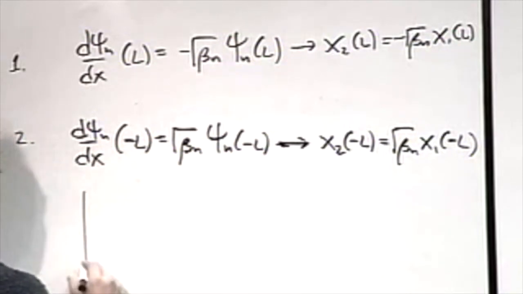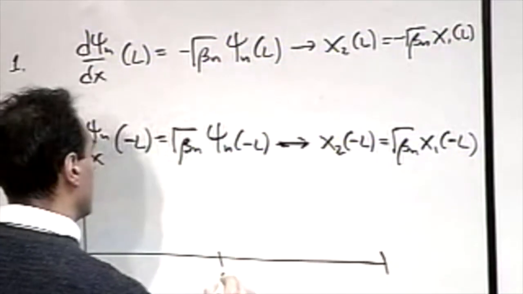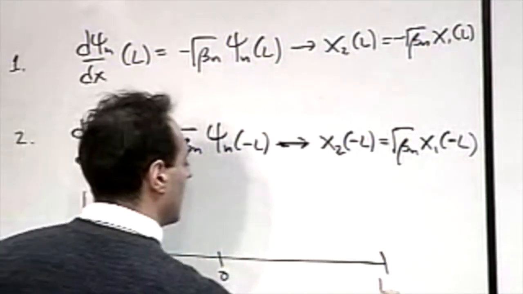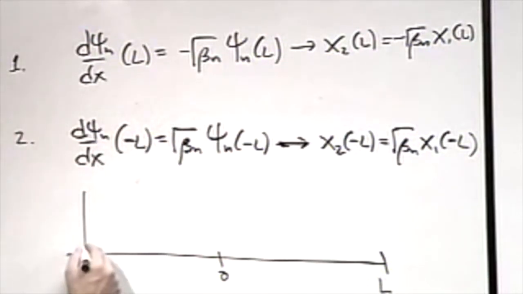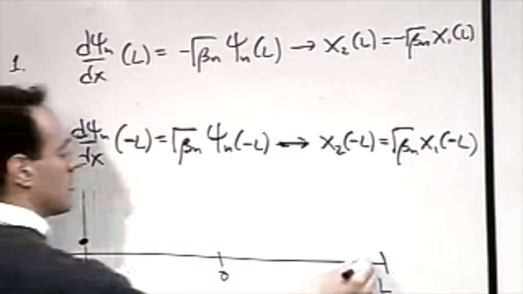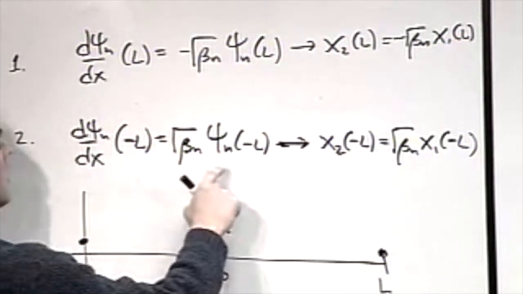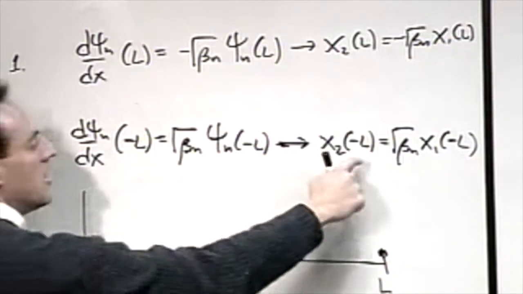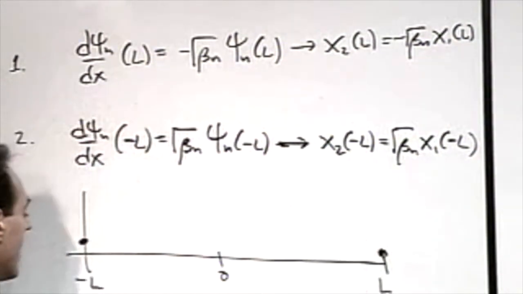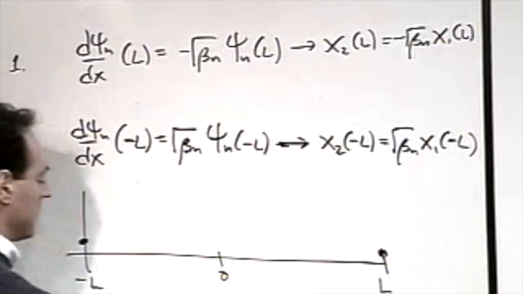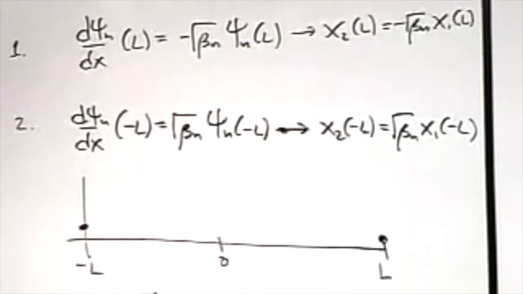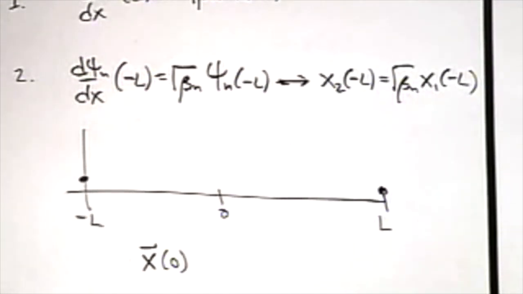Now remember, I'm solving on some interval, negative L to L. So I'm going to launch from over here, and I'm going to try to hit something over here. In particular, I know that when I launch at negative L, this is my condition. So if you want to think of it, what's my initial condition?